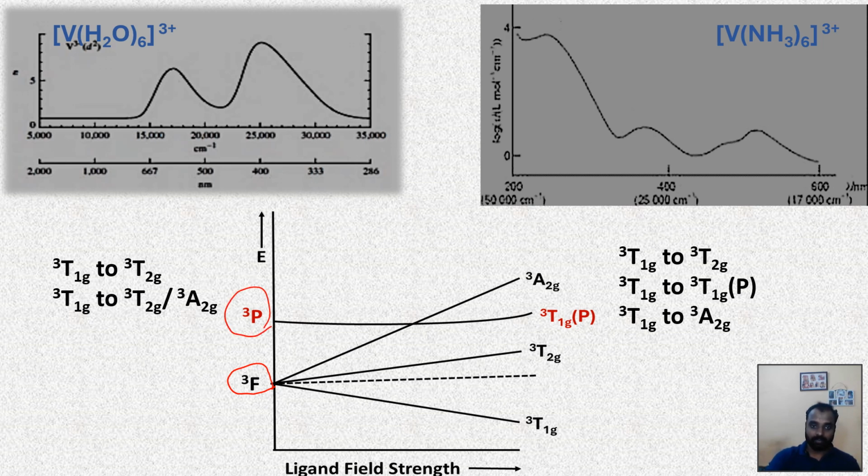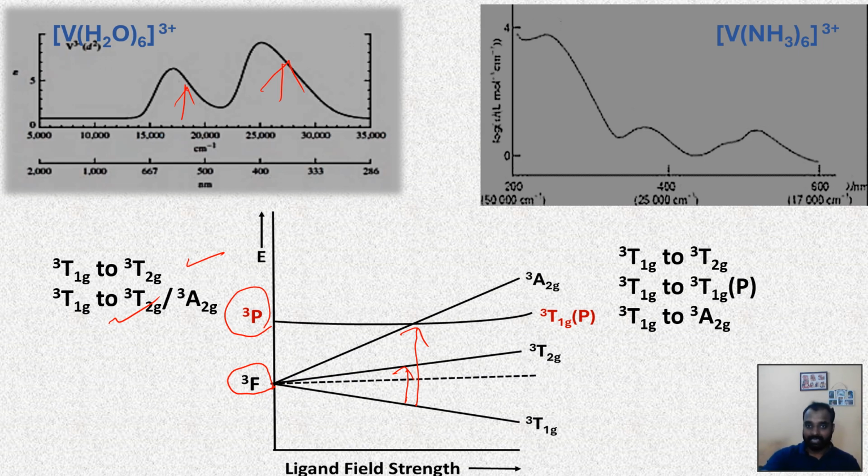So we are getting the transition 3T1G to 3T2G here. Because of the spin crossover, the energy of the 3P state and 3A2G have the same energy. So we are getting only two transitions in the case of a weak field ligand.